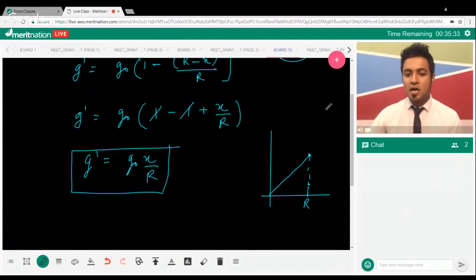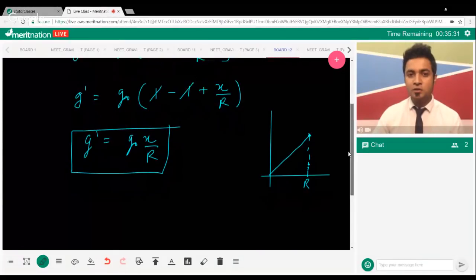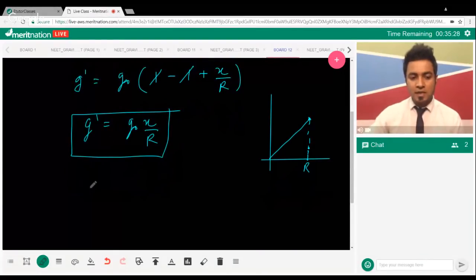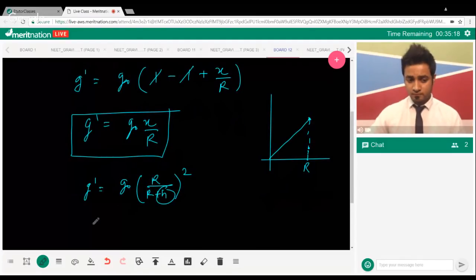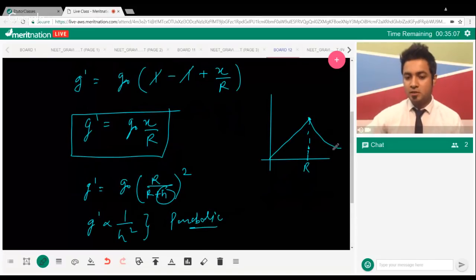And after r, the variation of gravity with respect to height, you know pretty well, is g dash equals g naught r upon r plus h whole square. Everything is constant here except h, and g dash is inversely proportional to h square. So that is parabolic, and after that it will be decreasing in this way.